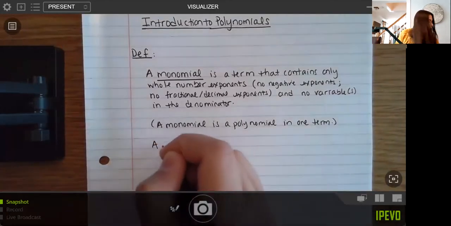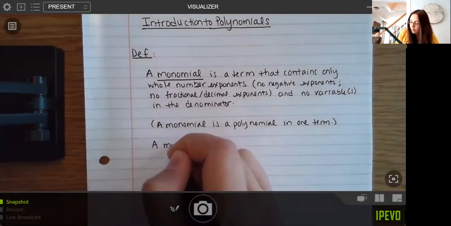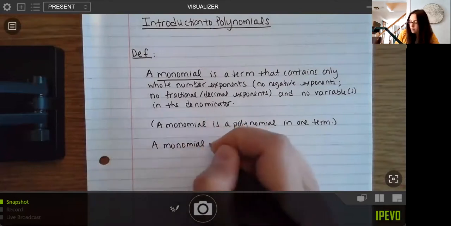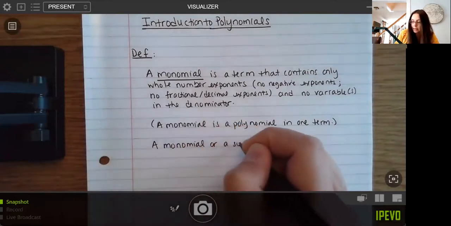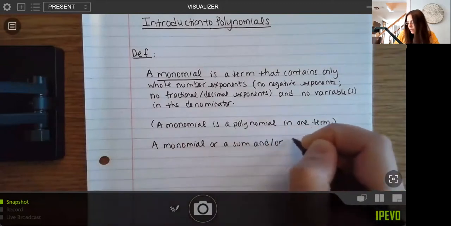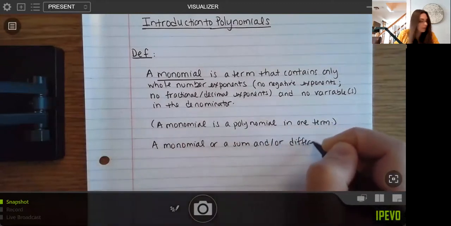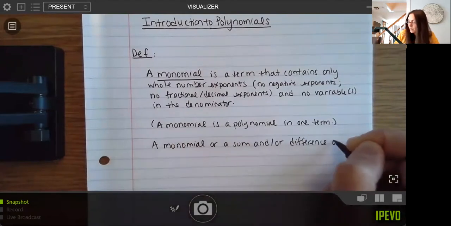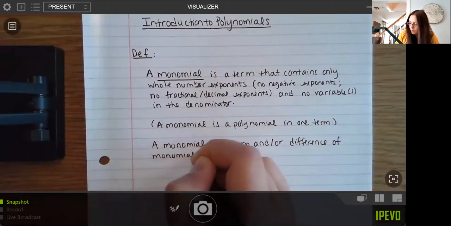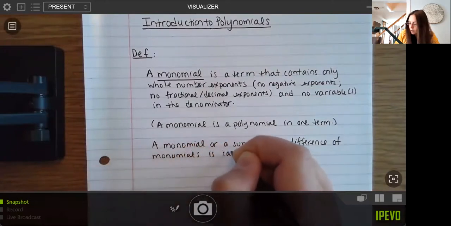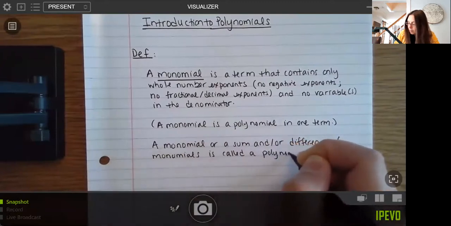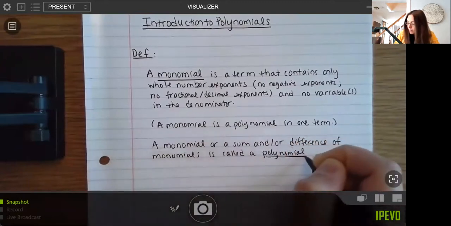So a monomial or a sum and/or difference of monomials is called a polynomial.